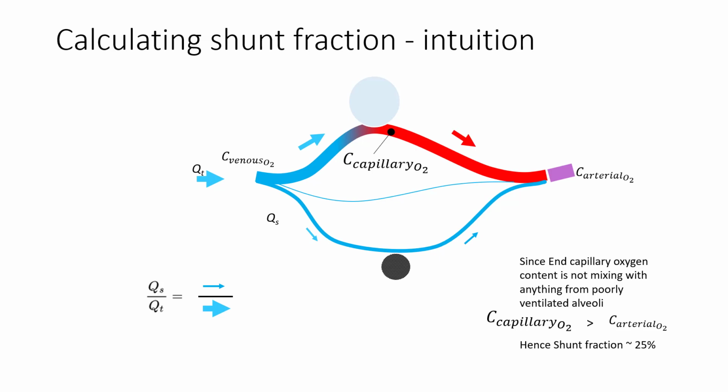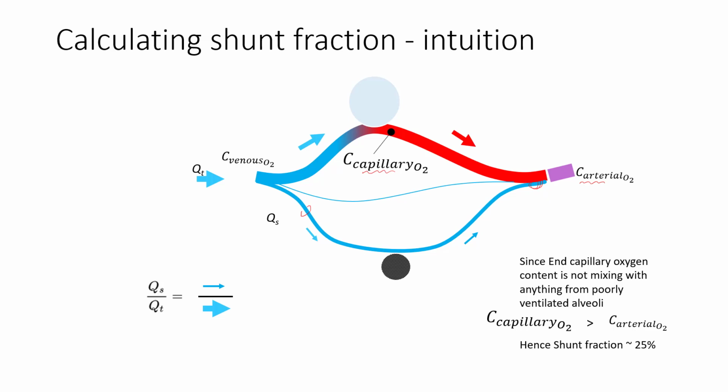If the blood flow through the non-functioning alveoli increases, the oxygen content in the end capillary will be higher than the oxygen content on the arterial side because of the mixing of blood from the venous side, which is not oxygenated, and the shunt fraction is increased.